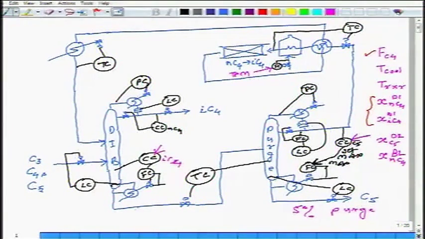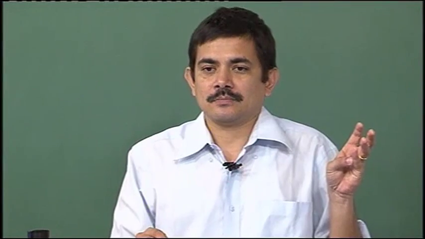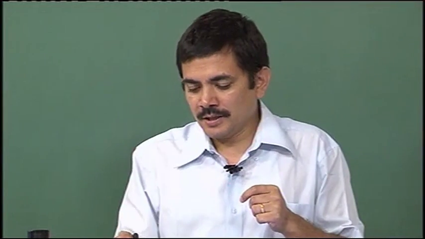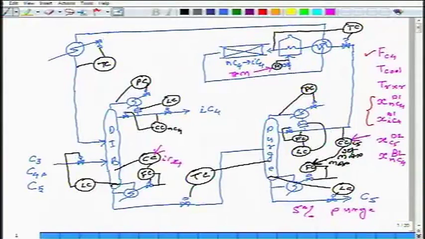IC4 leaks down the bottom of the deisobutanizer, C5 leaks up the top of the purge column. Now I am saying, okay, minimize this. So I start reducing the set point of the composition. As I am reducing the set point of the composition, the boil up will have to go up. Right, as boil up goes up, it will become saturated. Boil up will reach its limit. Once it reaches its limit, well, that's it. Jack up the production further, then I will go here.